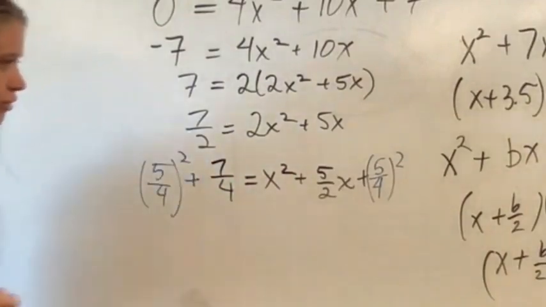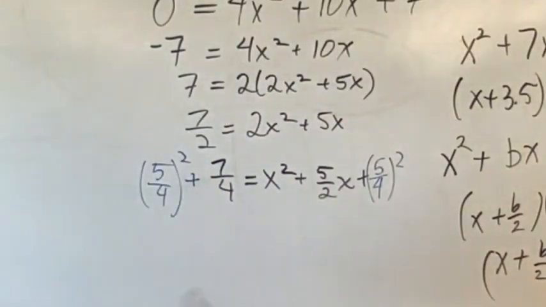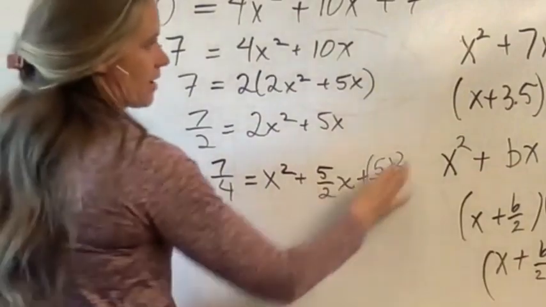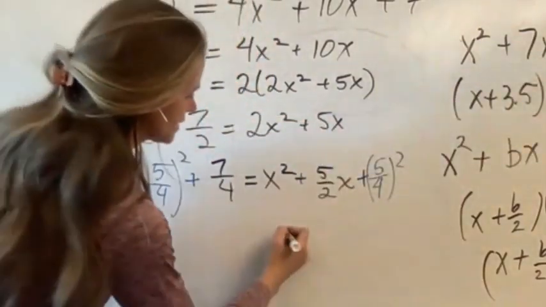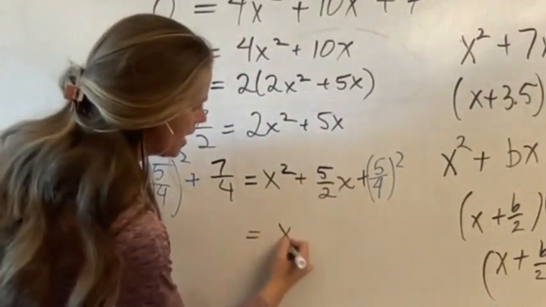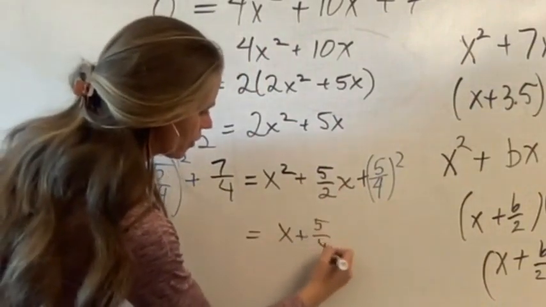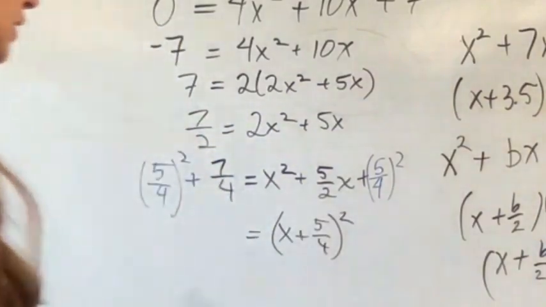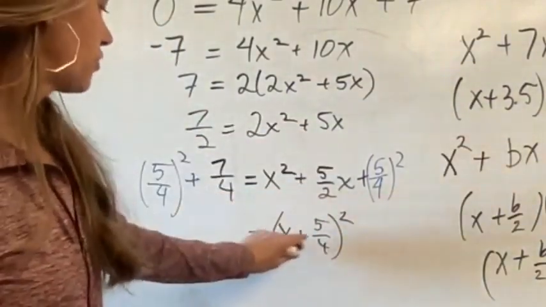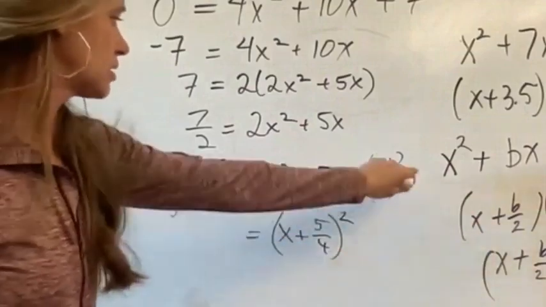I have to make it true. Now, because I have this pattern that I just found, I could say this equals x plus 5/4 squared. So I didn't change anything. I just wrote this, and if I multiplied this out, I would get this thing.